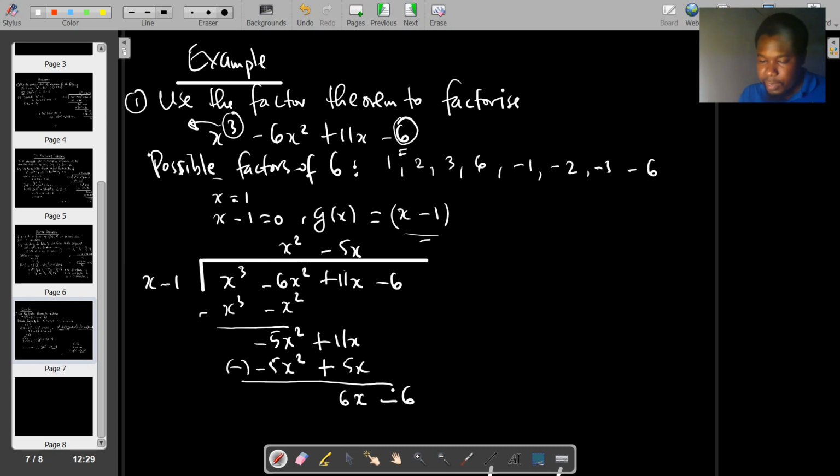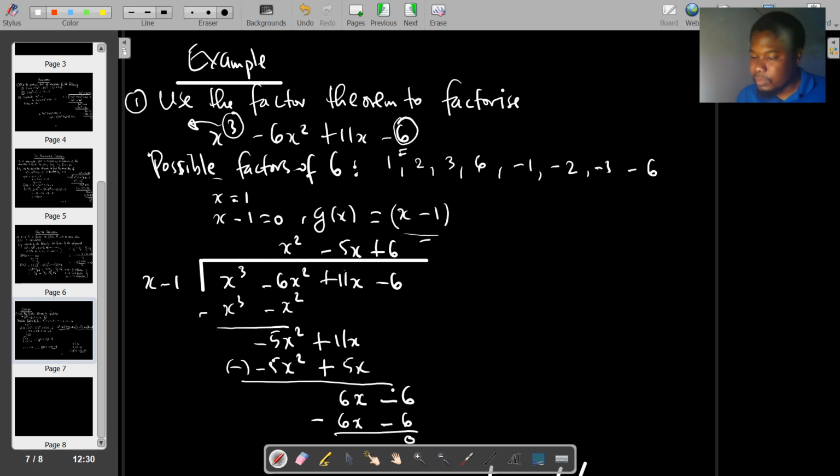Now x into 6x gives us plus 6. 6 times x is 6x. 6 times negative 1 gives us negative 6. We subtract the two, and we end up getting a 0.